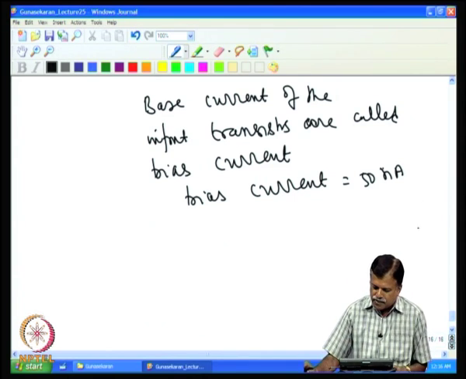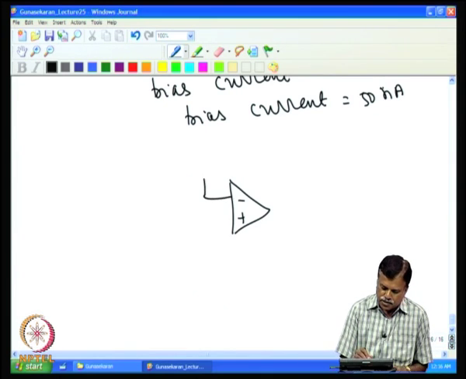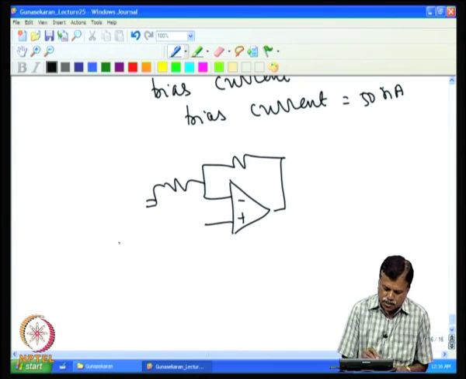For example, if you have an operational amplifier circuit like this, you have the input. For example, I want gain, so I put the circuit like this, which should not be done. Connect this, then I put a capacitor and connect like this.